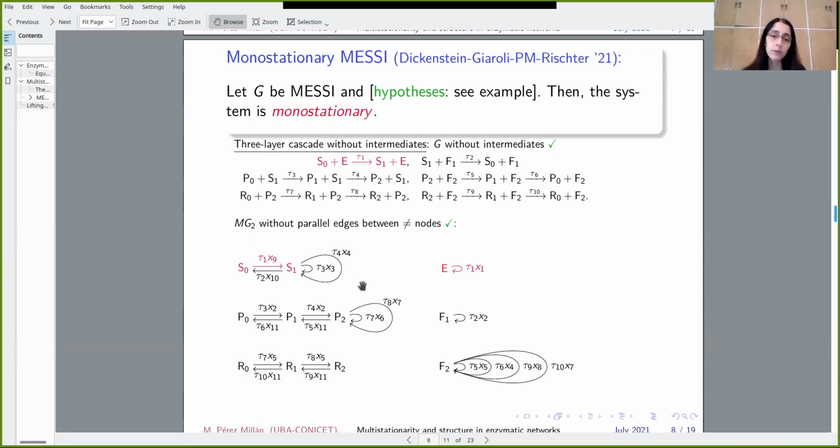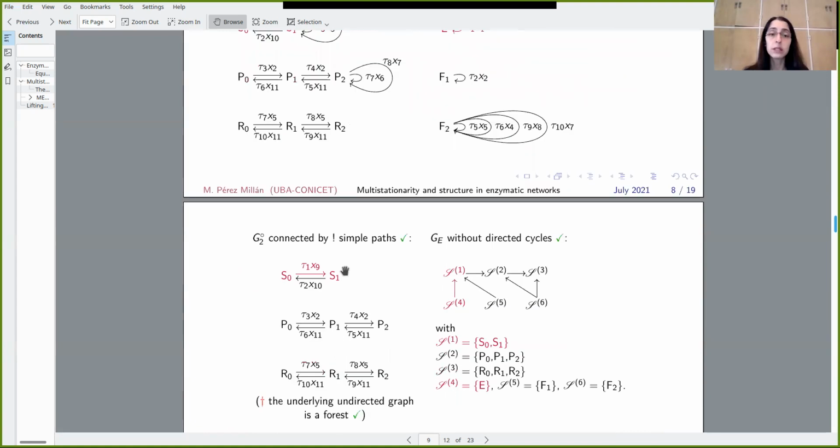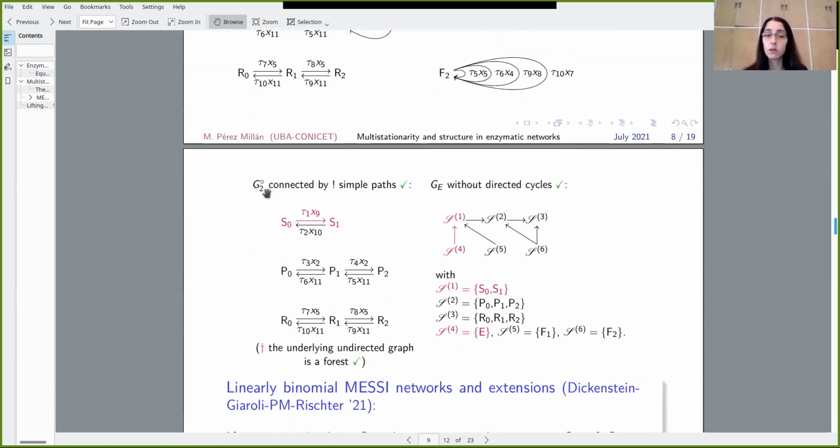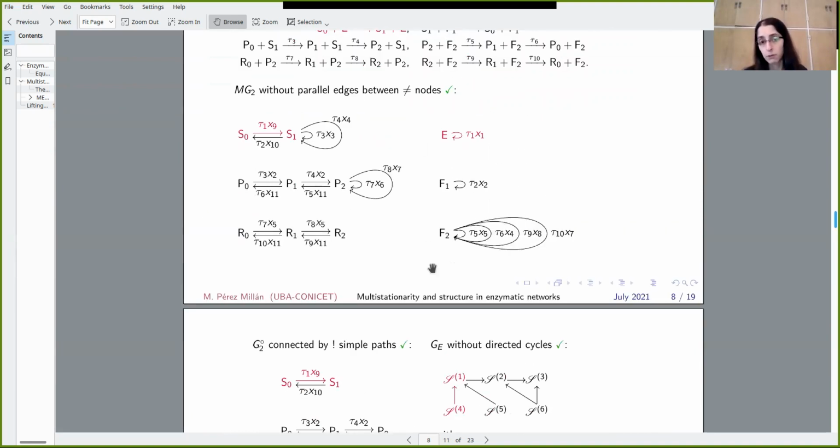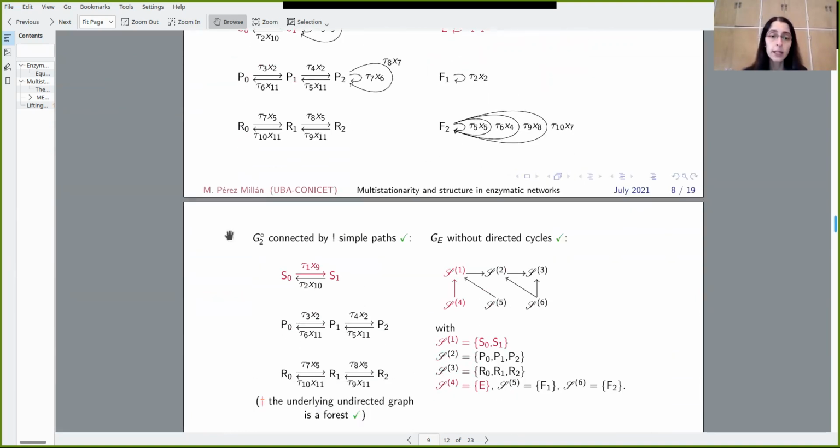As I said before, these loops are quite artificial, so we just take them away and we build another digraph, G20, which is the same graph without these loops. And we have to check now if any two nodes are connected by unique simple paths. And that is the case.